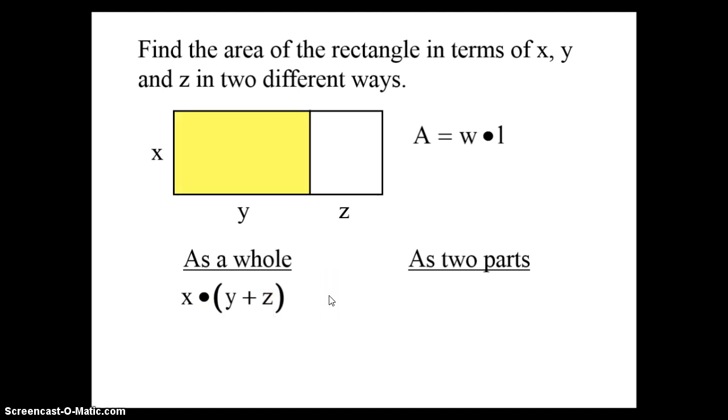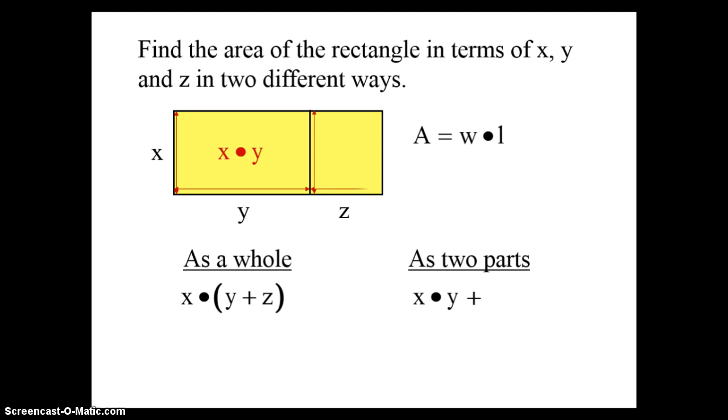And as two separate parts, I'm going to take the area of the larger rectangle first, and the width is going to be that part, which is x, and down here at the bottom the length, which is y. So I would multiply x times y. Then I'm going to multiply the area of the smaller rectangle.